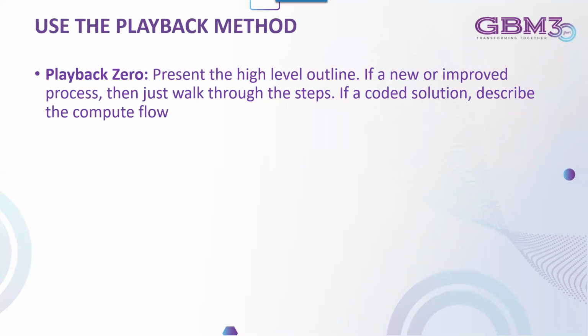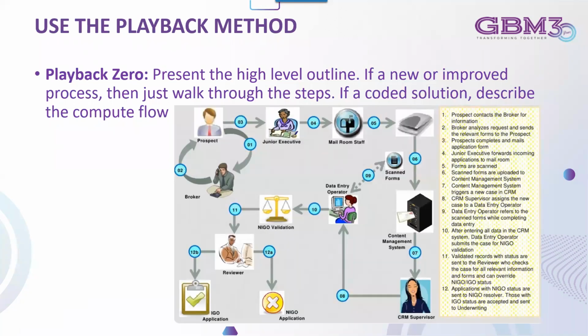If you're actually building an application, you're writing some code, then at a very high level, just talk through the compute flow. It might be as simple as this. This is a process where we're looking to improve and go forward with it. No more detail than that. We're just getting agreement that actually if we did this, it would improve the existing process, the existing code, and we would save a lot of time and money.